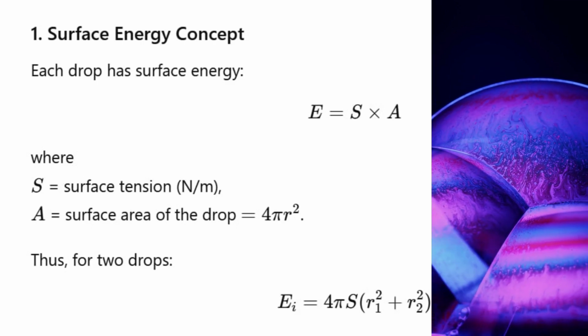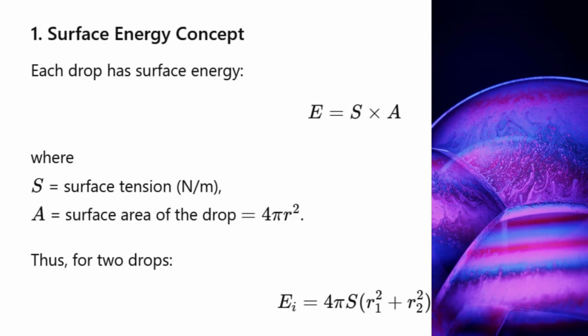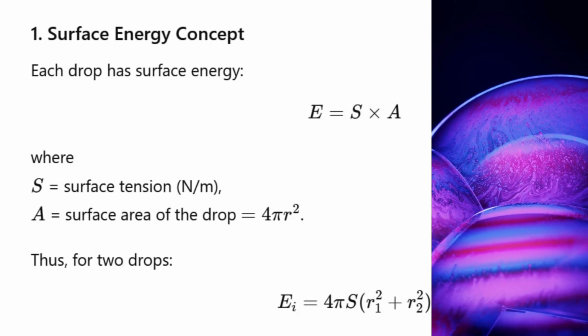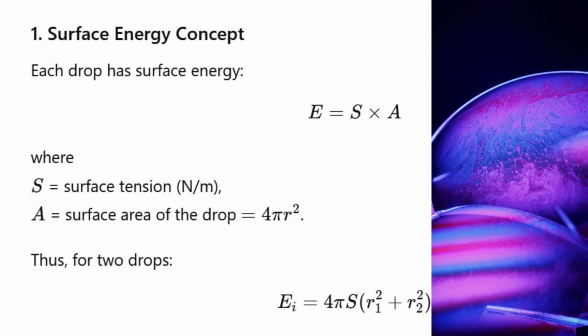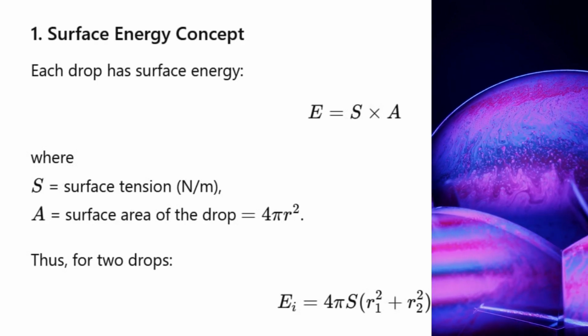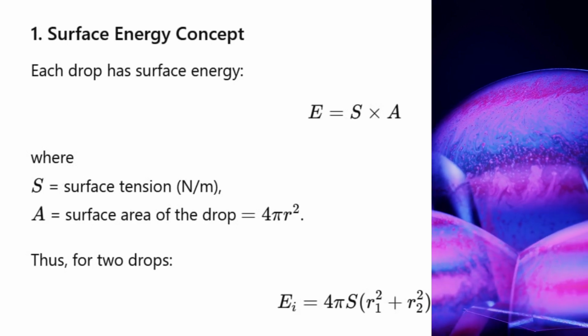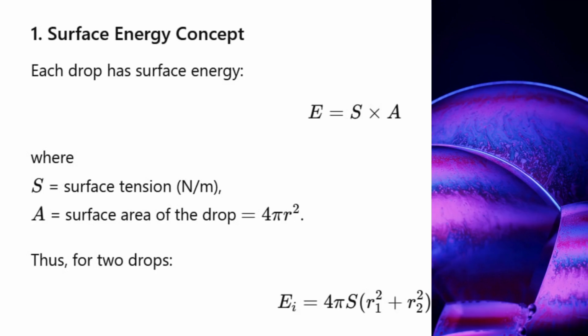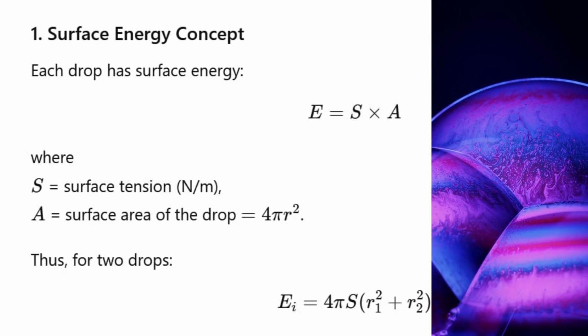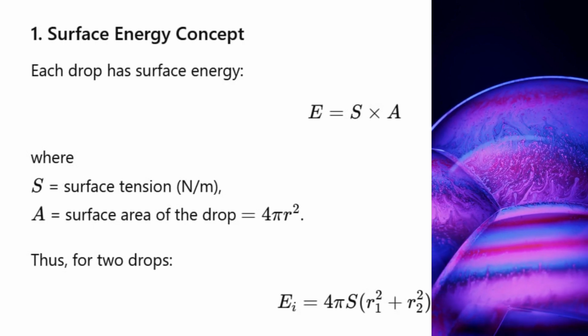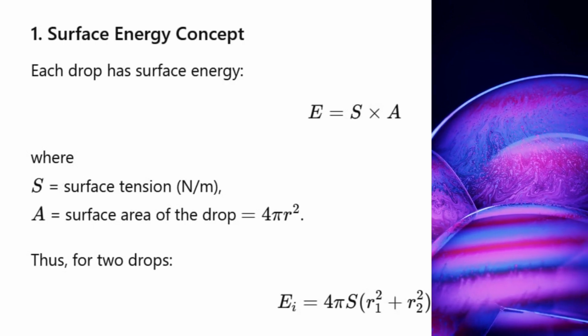Therefore, for two drops, we calculate the initial surface energy as EI is equal to 4 pi s of R1 square plus R2 square. That is 4 pi s R1 square plus 4 pi s R2 square.